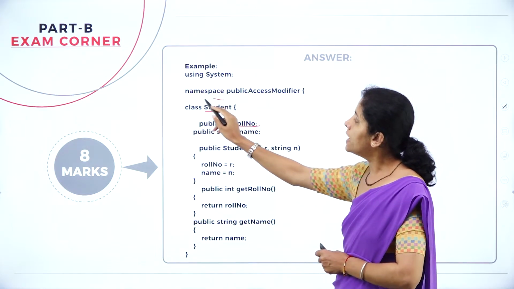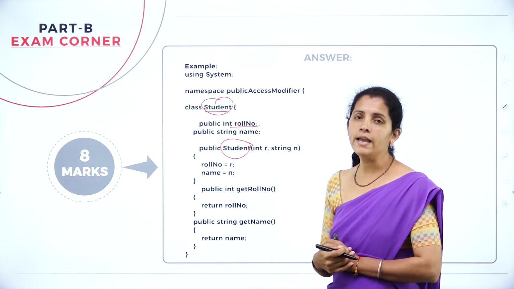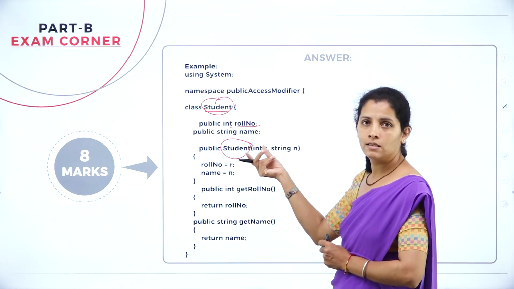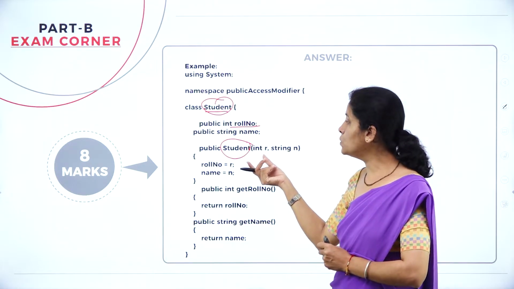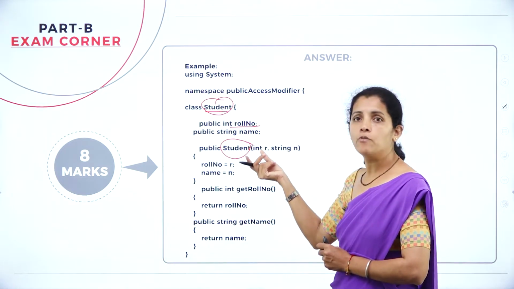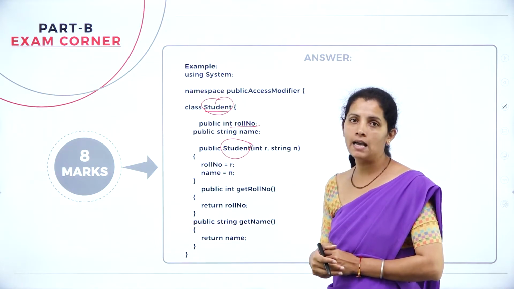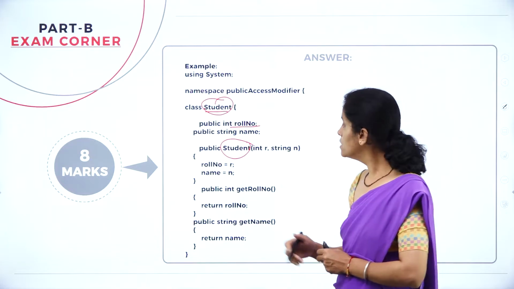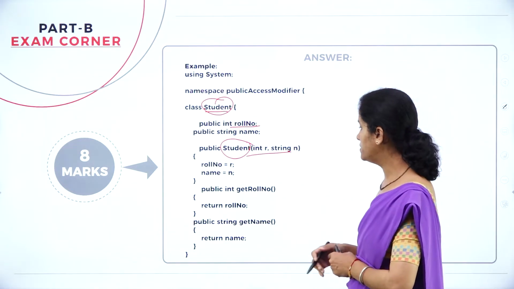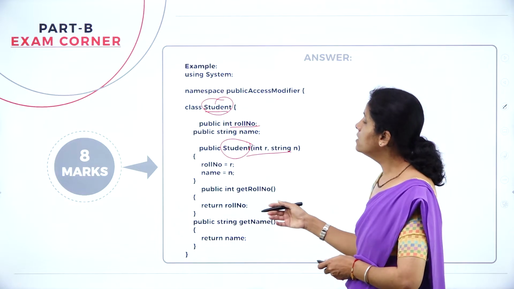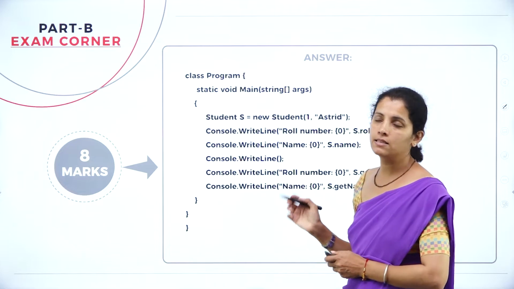Here I have Student, here also I have Student. What is this? This is nothing but the constructor. So, dear student, when I have a method name same as my class name, then it is termed as a constructor. This is the example for a parameterized constructor. If I consider this program, there is no access limit.